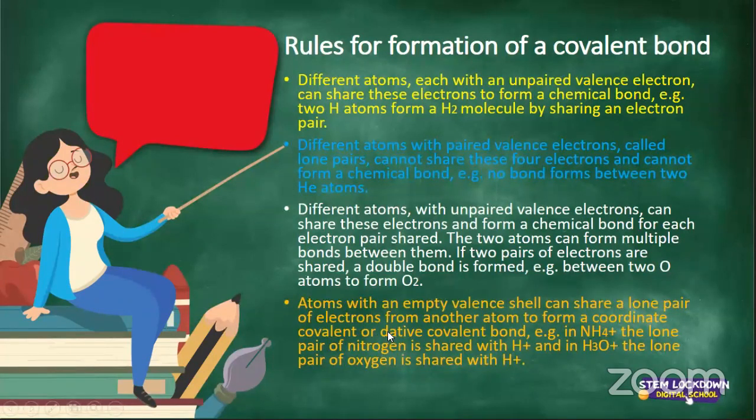And then atoms with an empty valency shell can share a lone pair of electrons from the other atom to form a coordinate or dative bond.